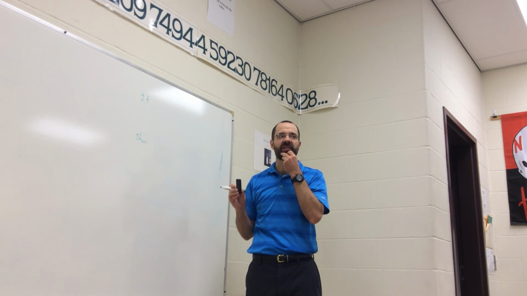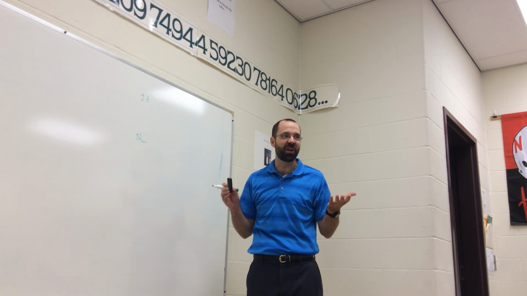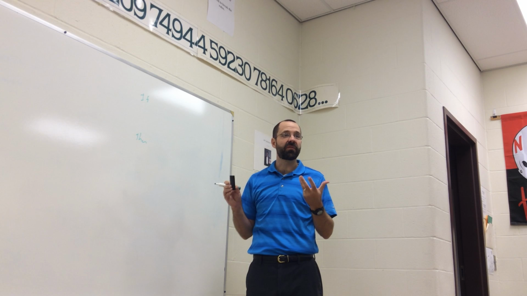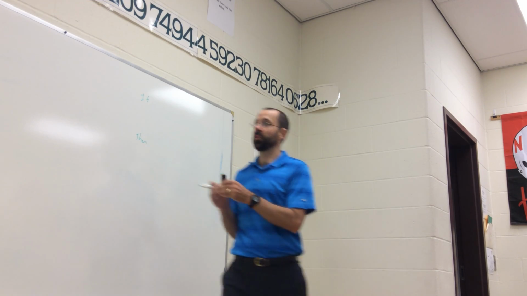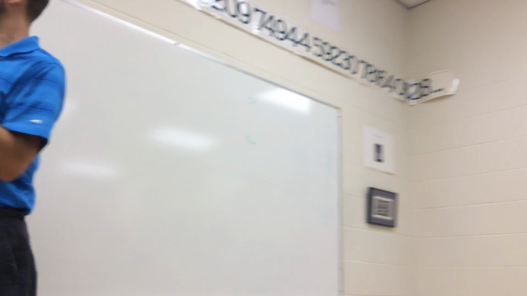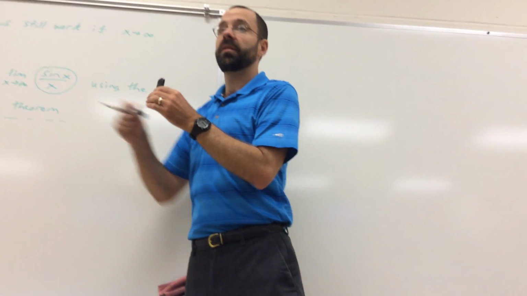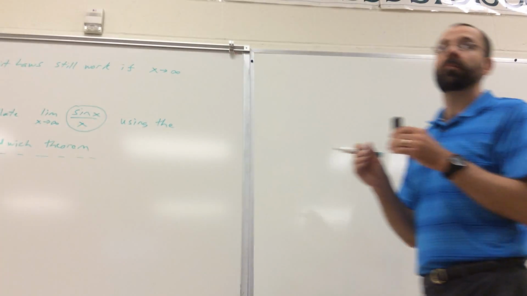Kristen, looks like you got it there. Do you know what one of them is? Okay, good. The way I said it in English was: trap the function you care about in between two other functions. In this problem, the function we care about is sine of x over x.